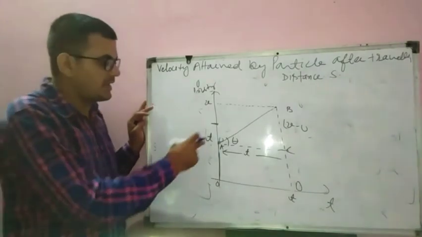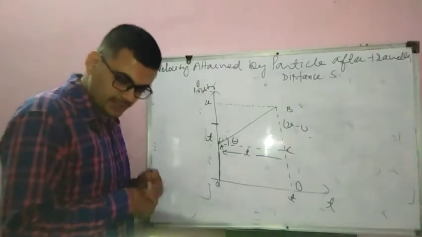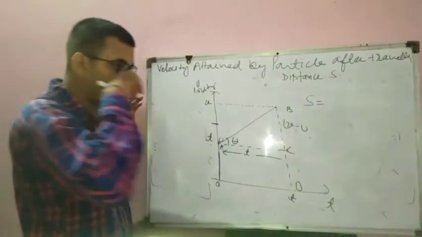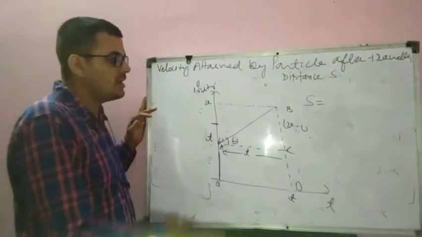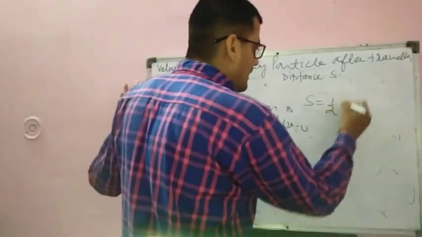Again we will find out the area of this trapezium. So we know that the distance traveled by the particle is equal to the area of this trapezium. So what is the area of this trapezium?